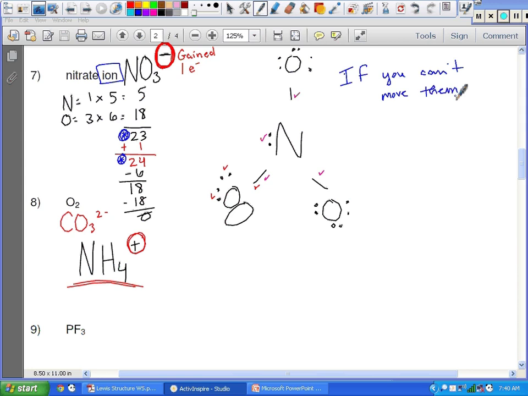What I literally meant is those 2 electrons that I moved, that I took from right here, I can't move them because that takes away a valence electron. So what I'm going to have to do is I'm going to have to share them. And when you share them, what does that create between these 2 atoms? What that creates is a double bond.